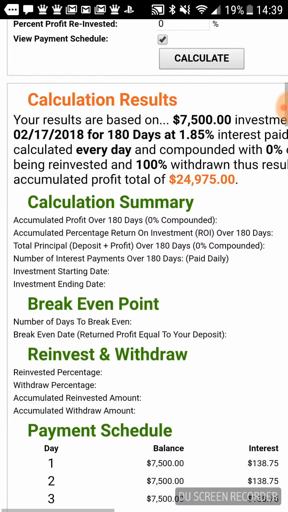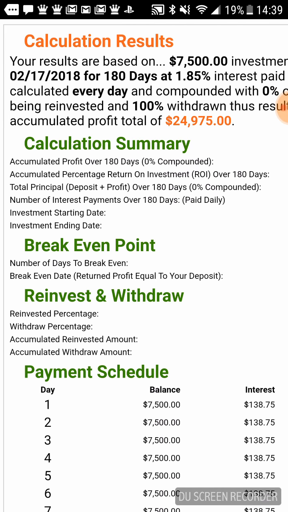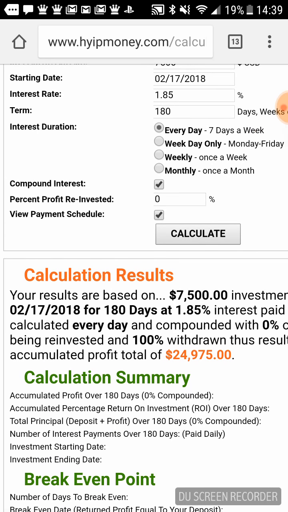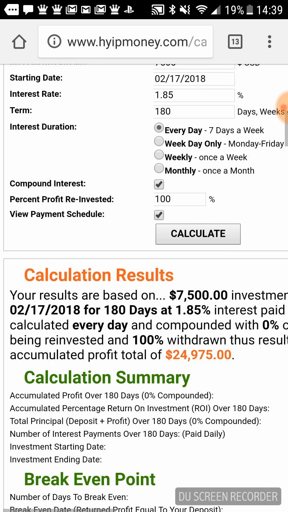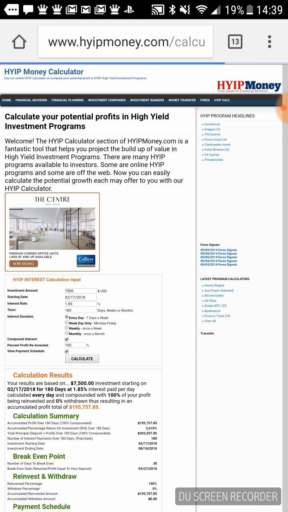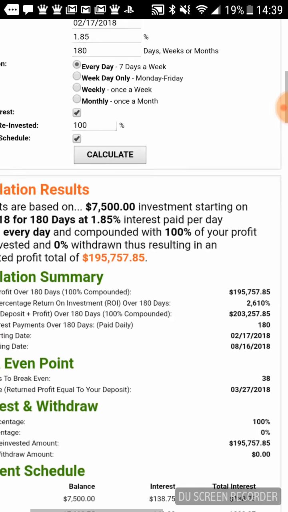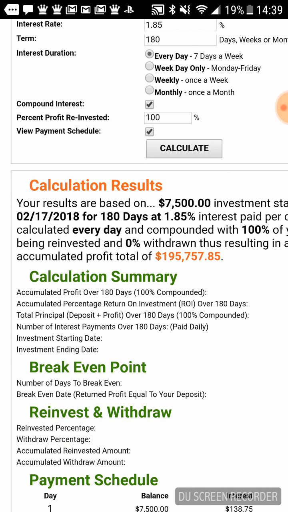But a lot of them, like this sounds too good to be true, right? Not that particular one, because that particular one sounds about right for daily interest payments. But this right here, this is why I don't believe in high yield interest payment calculators, because this is telling me if I put $7,500 into a high yield platform and just reinvest everything every day, I'm gonna have almost 200 grand in 6 months.